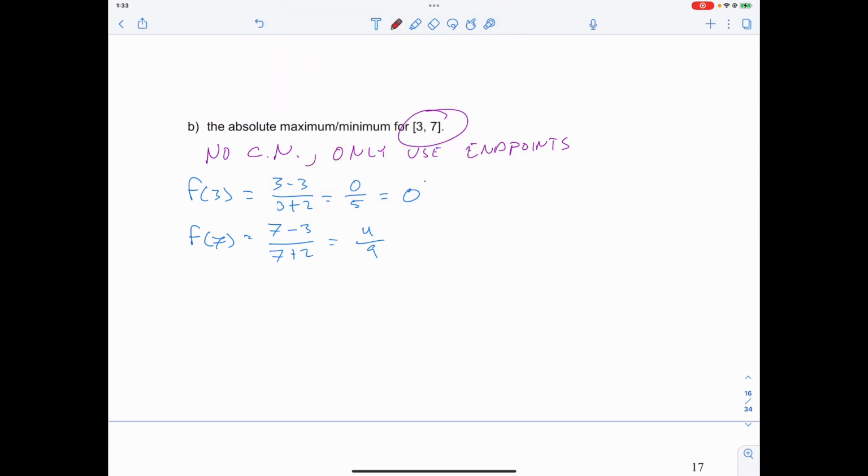And because those are the only values that we're using, then that is going to be my min, and that's going to be my max.